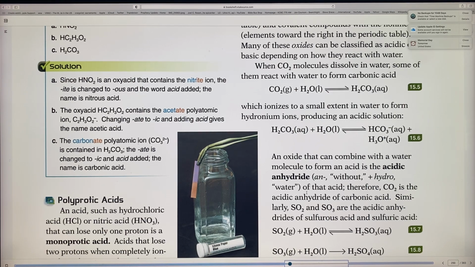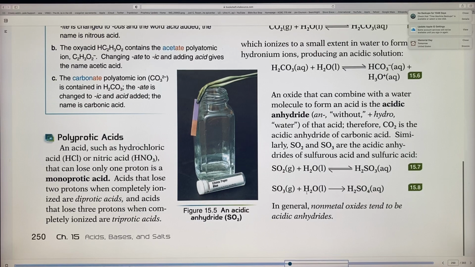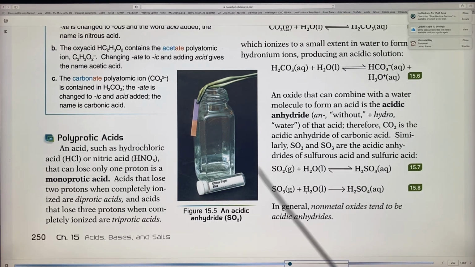And it's the same with sulfur dioxide here. Here we have oxygen and sulfur dioxide combining with water again, and you're going to get hydrogen sulfate, this aqueous solution. See how they're combining? As they're combining with water, they call these anhydrides.